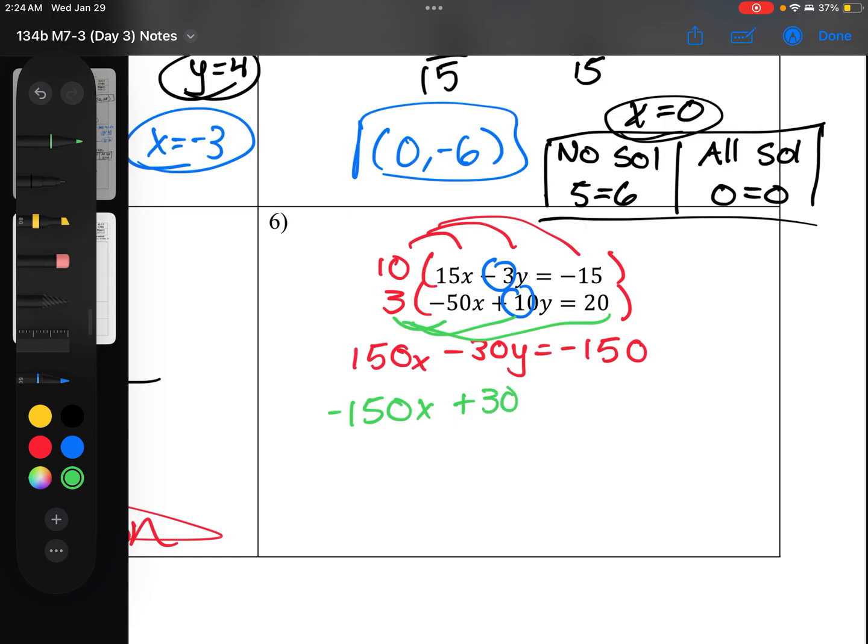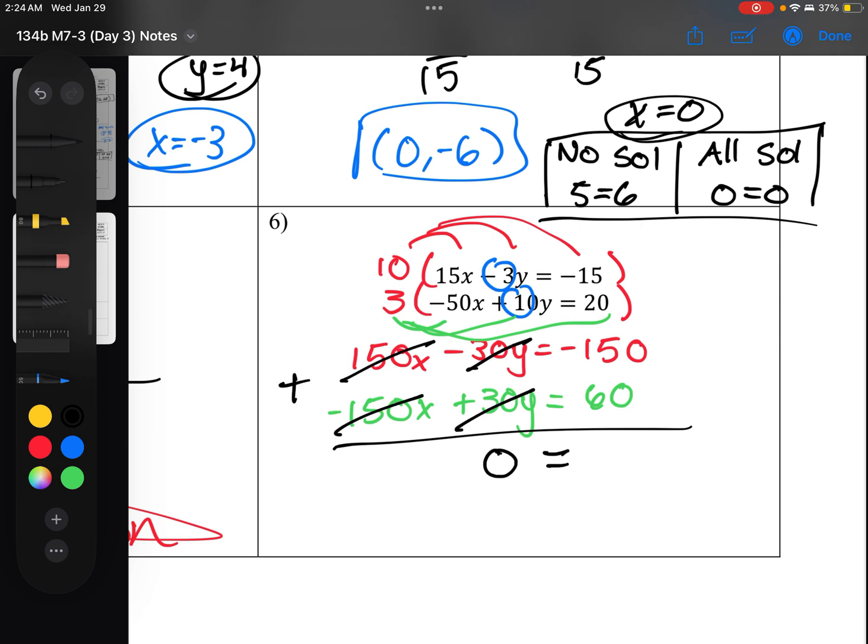Plus 30y equals 60. Check my math there, make sure everything is right, and it looks right. When you add them together, these are opposites, these are opposites. So you're left with 0 equals -90. That is also a false statement, so no solution.